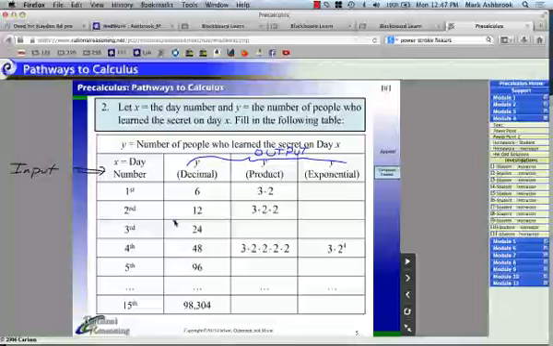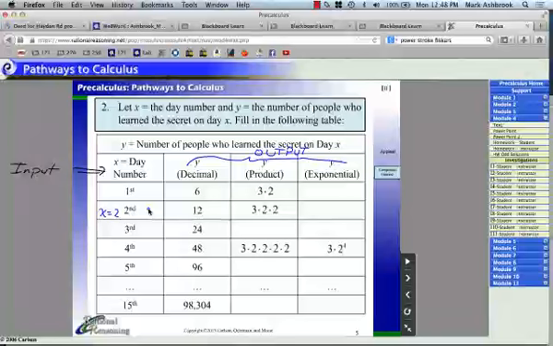So, let's start here. Here, x equals 2, right? Are we doubling that number? No. So we're not doubling the input. So we're doubling the output, right? Here's an example of output. Output's 12. And we're going to double it. When we double 12, we get 24.